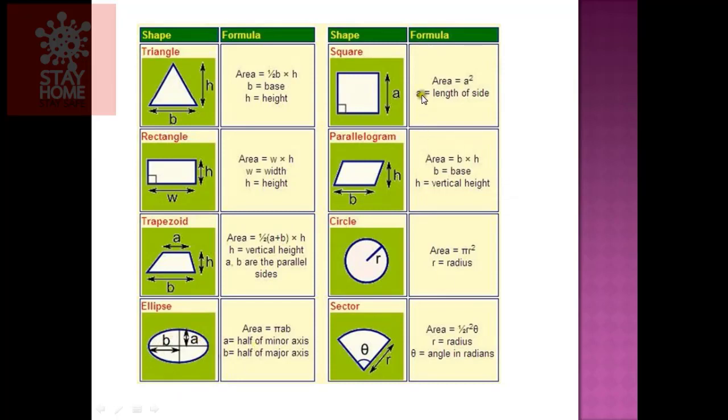After that, the area of the square is a squared, the area of the parallelogram is b multiplied by h, and the area of the circle is pi r squared. r is the radius and pi is the constant value, 3.14. The area of the sector is 1 over 2 r squared theta. This is called an angle, its name is theta, the Greek letter theta.